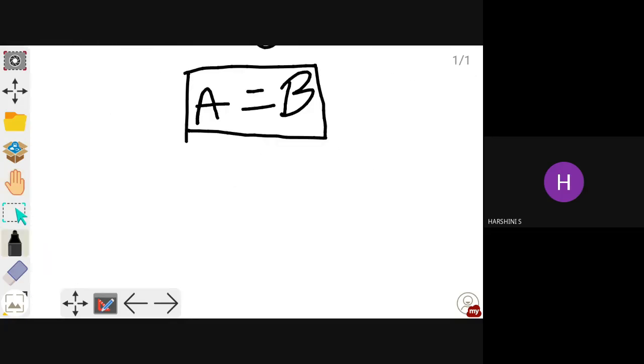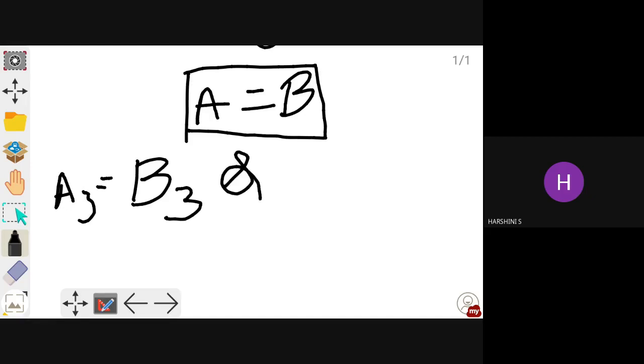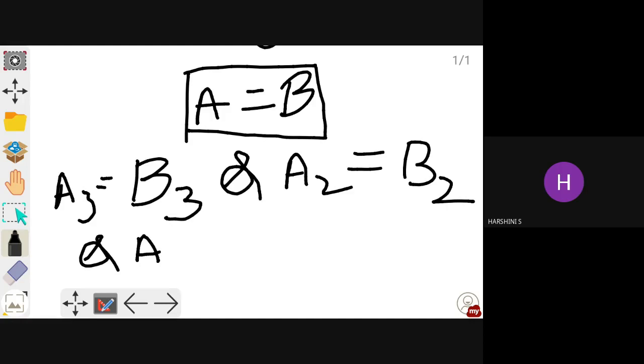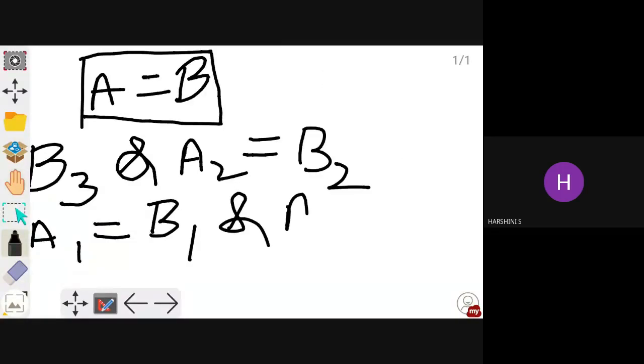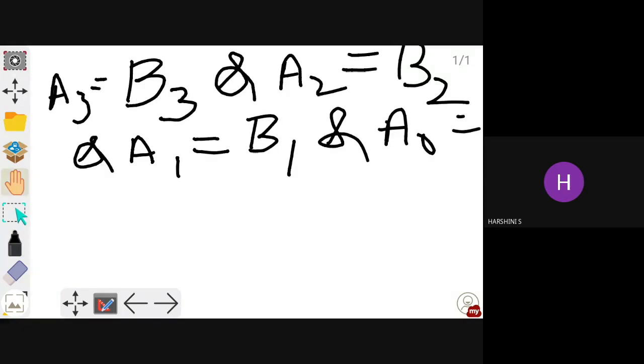Is that condition alone enough? You also have to have A2 equal to B2. So this is also not sufficient. You should also have A1 equal to B1 and A0 equal to B0. So this is the condition you are going to use for A equal to B.